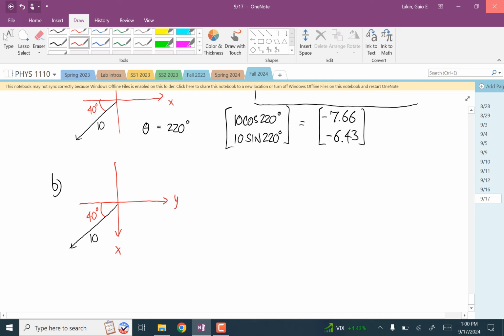But now the angle theta is going to go from the x-axis of this coordinate system to the vector, okay? So you can either start pointing down and go all the way around, or you can start pointing down and go clockwise and call it negative. What would be the angle if you went negative to get to the vector? Negative 50, exactly. If you went all the way around, it would be 90, 180, 270, 310. So negative 50 or positive 310.